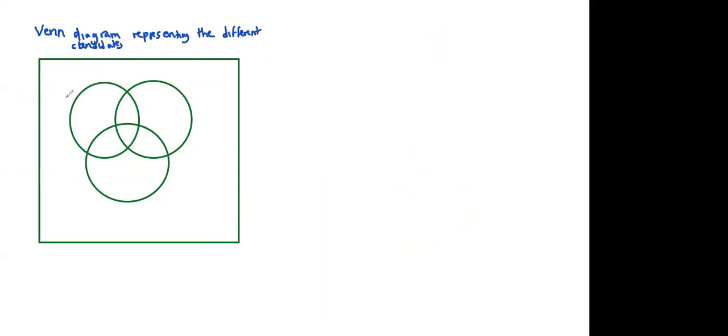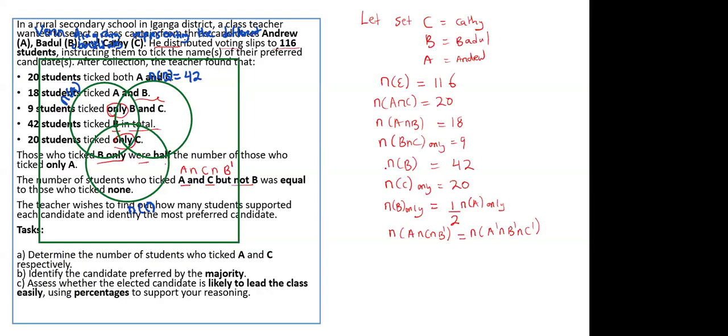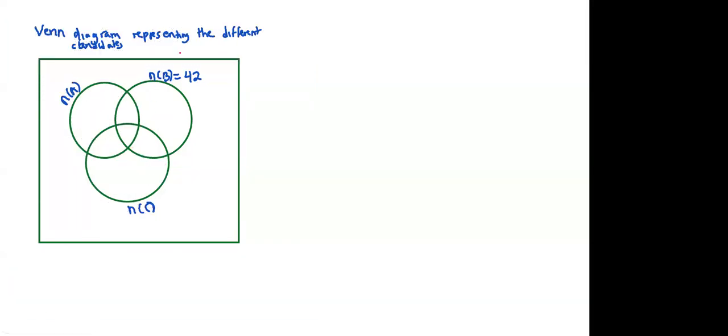So from there, I'm going to fill in that this is my N of A, this is my N of B, and this is my N of C. So my N of B was given as 42. When you look at your question, N of B was given as 42. Then I'm going to come back here.